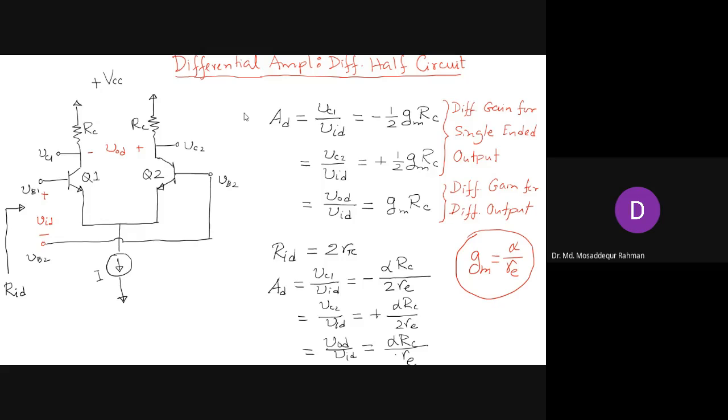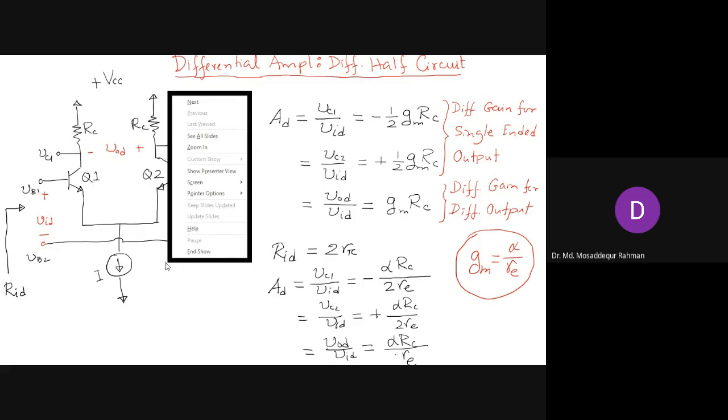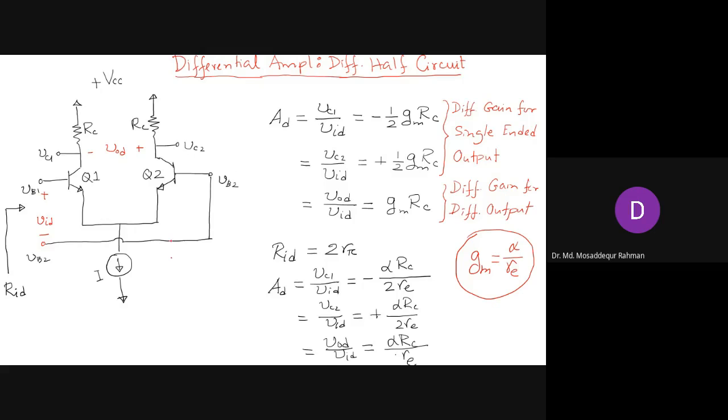So now today's topic is the differential half circuit. So what is the differential half circuit? To draw the differential half, first we set the VCC, the DC current and voltage, to 0.